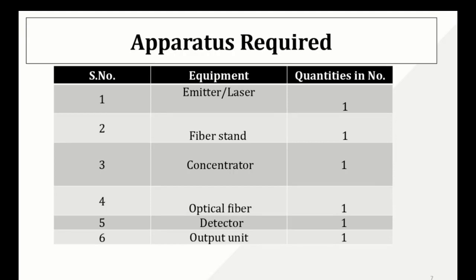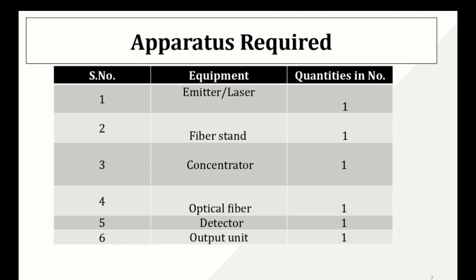We will need an emitter, because that emits the laser light, and we are also using a fiber stand, where we place our optical fiber. We need a concentrator for the optical fiber we are using, and a detector, because at the other end of the optical fiber we are getting the light.